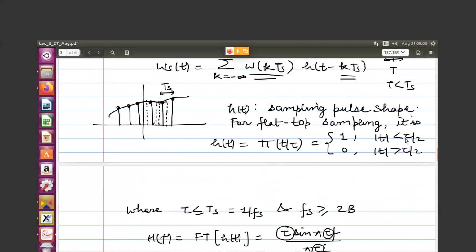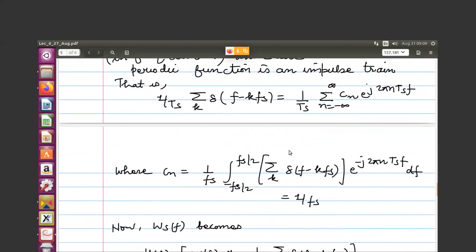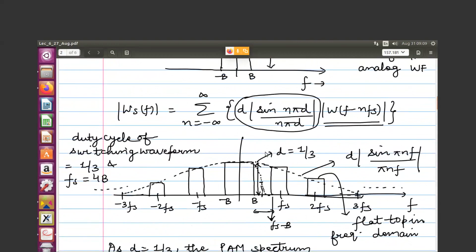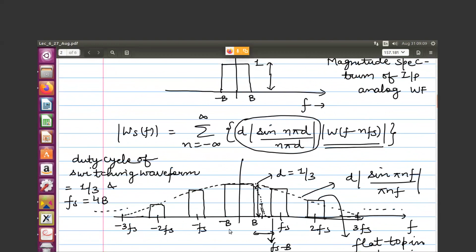Why? Because if it is not small, then you cannot sample the signal effectively. Because of tau being small, your sinc function is very wide. This is the case of instantaneous sampling, and the same is observed for natural sampling as well. So initially the signal was from minus B to B, now it is taking a big spectrum. So this is a problem.